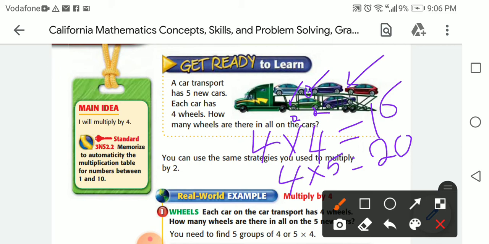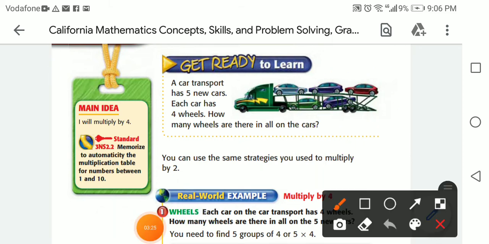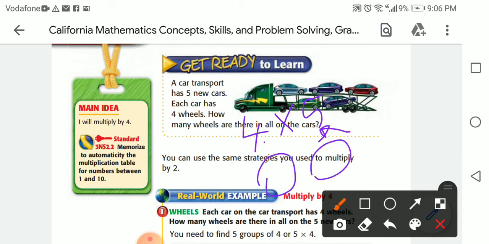So I can know by doing so. I can say here, guys, 4 multiply 5. It's 5 repeated how many times? 4 times. So I can draw 4 circles. In each circle, how many parts? 5.